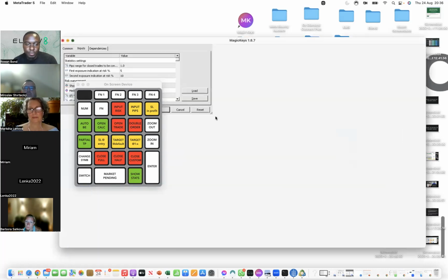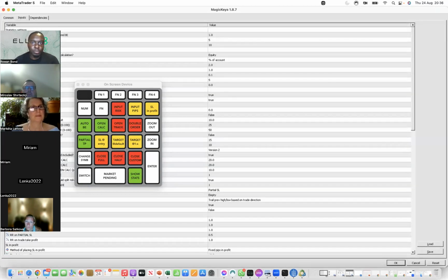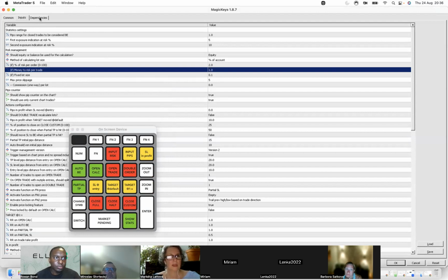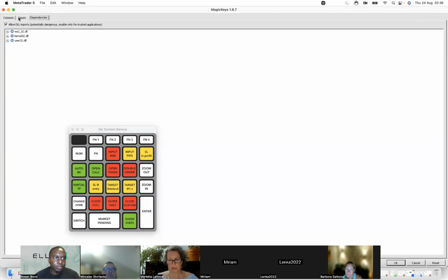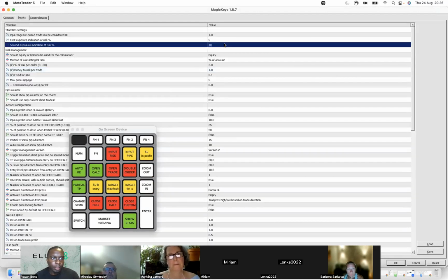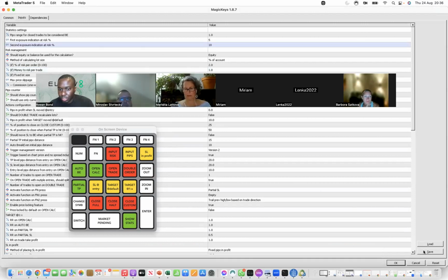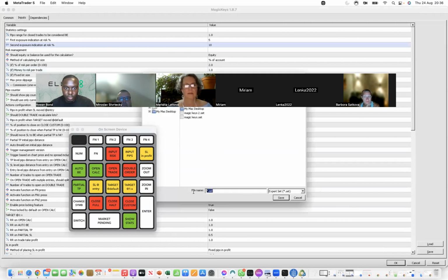On Magic Keys, there are all these different inputs that you can put on, and you can automatically set up your risk management. Takže můžete si tady vlastně nastavit automatický risk management. Let me save this as 3.